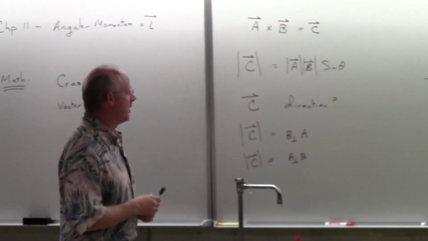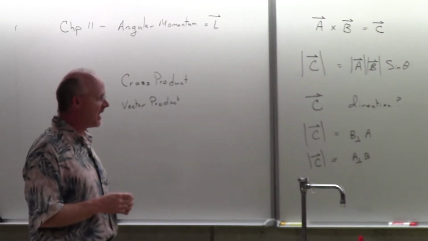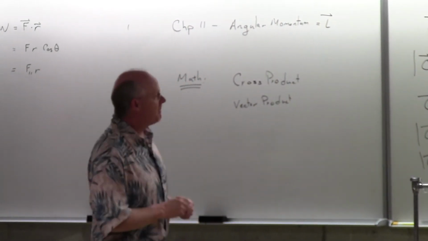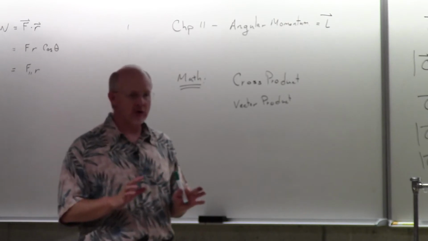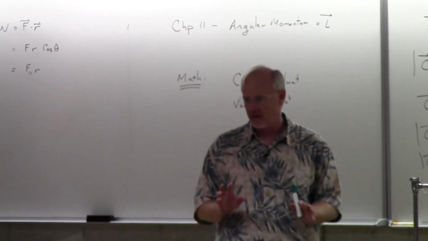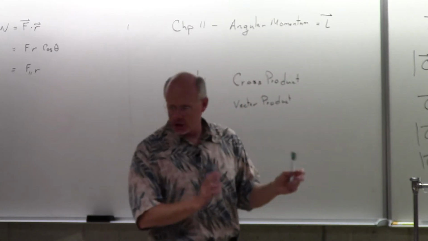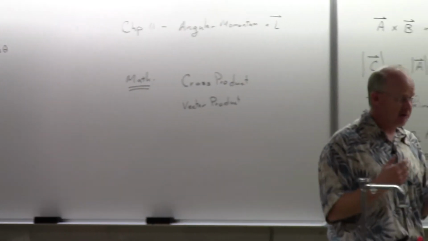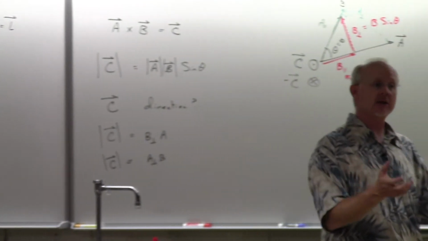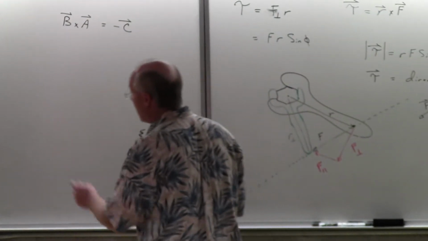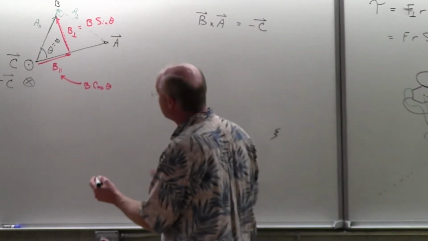But there's that idea. Well, the last one is a little more sophisticated mathematically. It's nice, because it will give you both magnitude and direction right away. But you kind of also lose the physical picture. So we're not going to do too much of it here at the beginning. Like I said, as you advance, you will do more and more of these calculations. But the last way of doing a cross product is this.